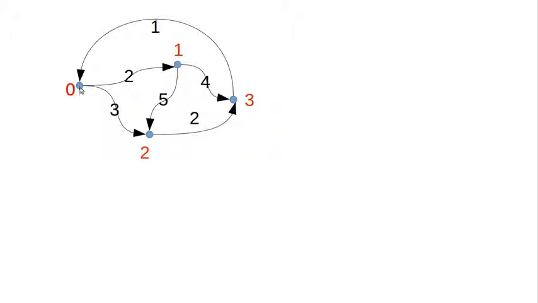In this case, in order to go from 0 to 3, there are a number of paths. I could go through the path labeled 2 and then to 4. I could go 2, 5, 2, or I could go 3, 2. Clearly this bottom one is the lowest sum of the weights, and so we want to write an algorithm that will find that.